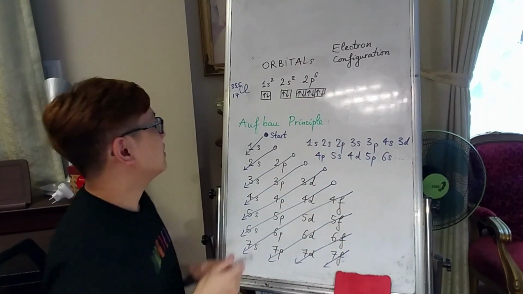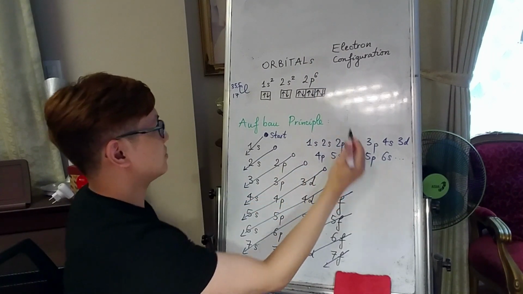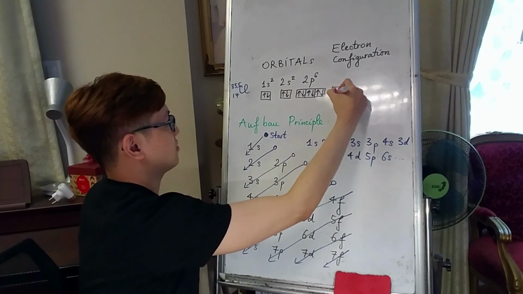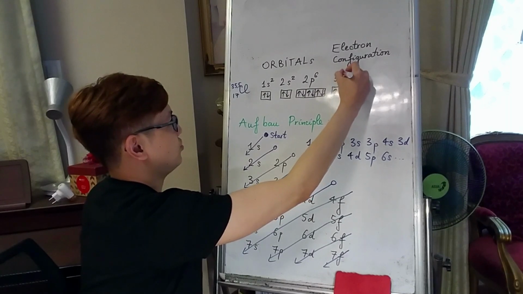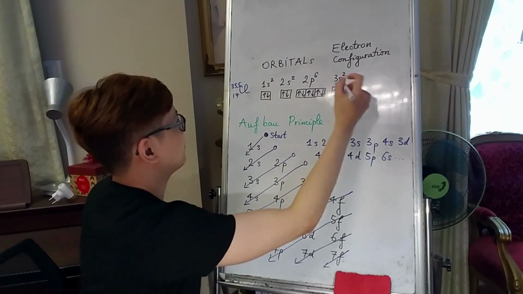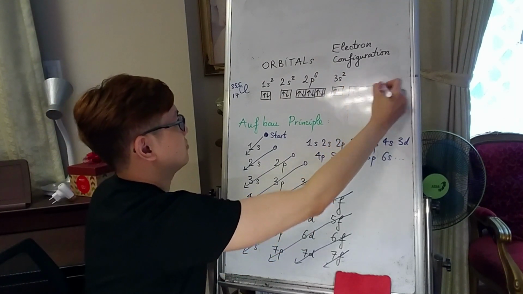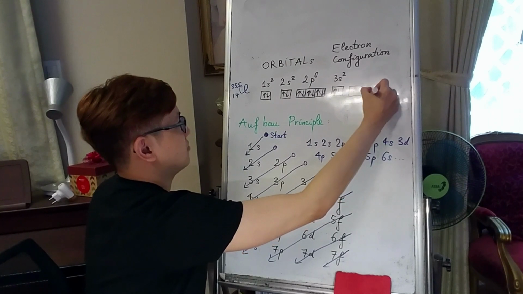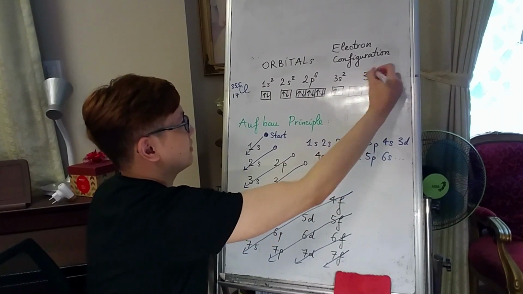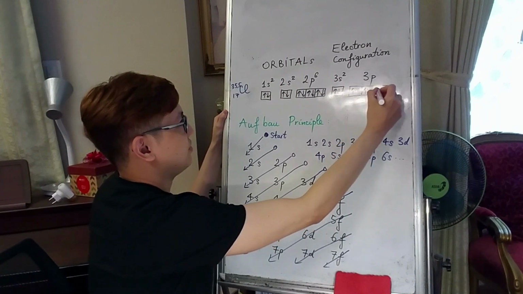Okay, that makes it 10. You need 5 more. So 3s2. You need, okay, that's 12. You need 5 more. Okay, here comes the 3p. So I need 5 more: 1, 2, 3, 4, and 5.